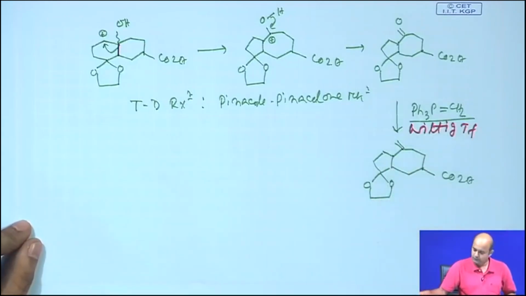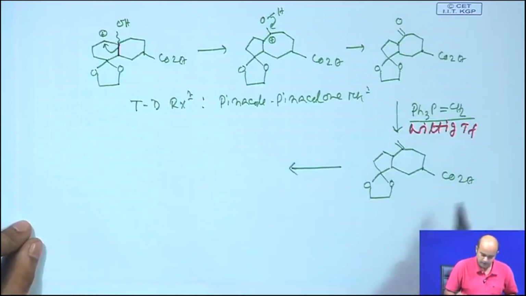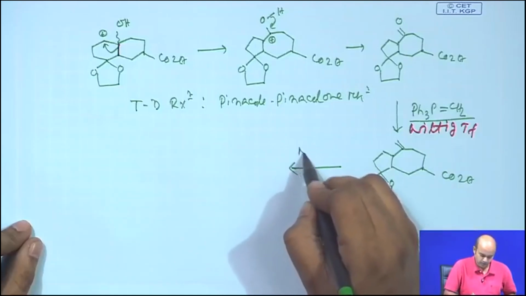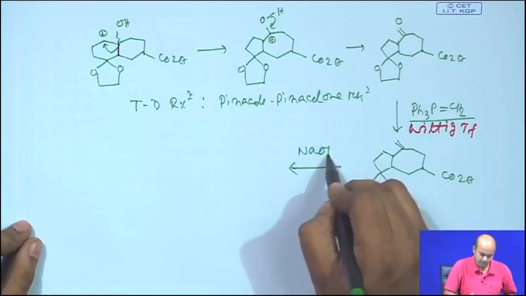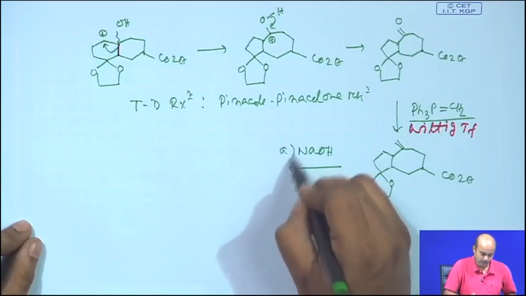So, once this Wittig transformation is done, next you try to analyze, you only need to have a COMe group in presence of this ester. So, what to do? You basically do a basic hydrolysis to convert this ester to its corresponding carboxylic acid. Step 1.